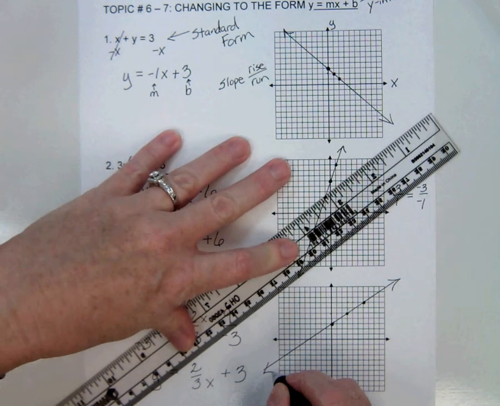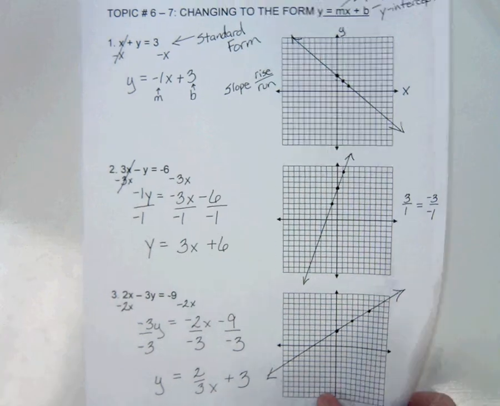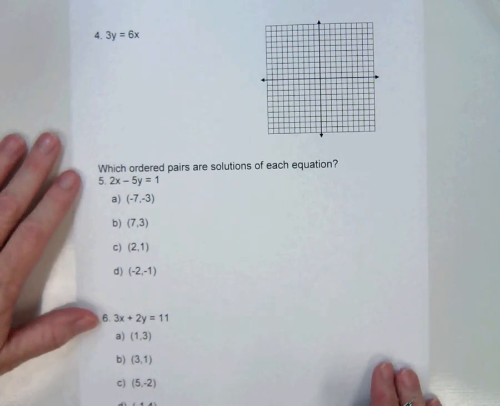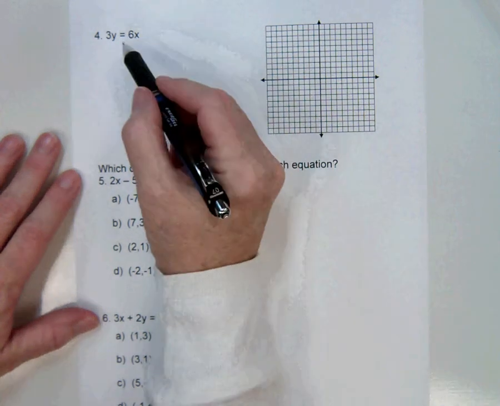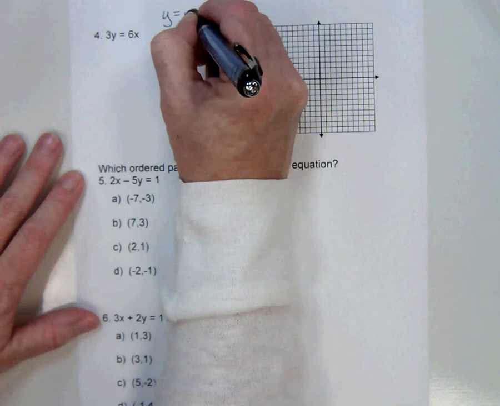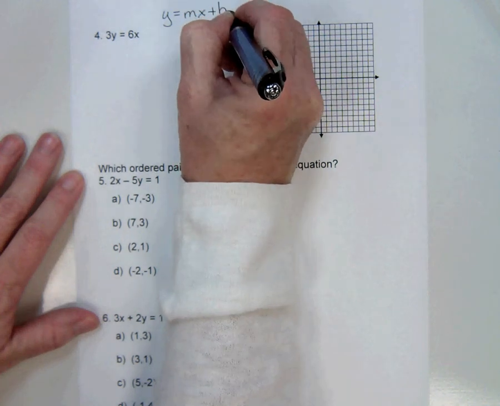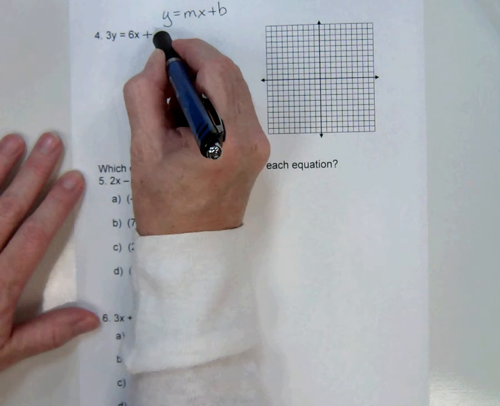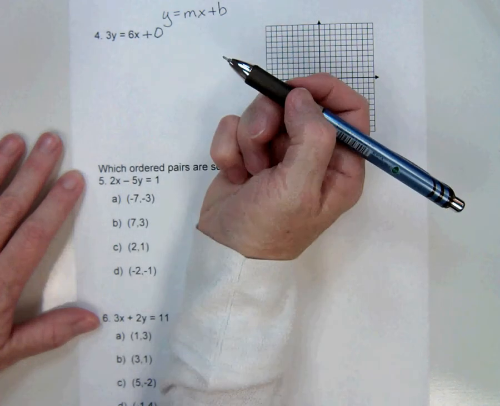A few more examples. Number 4. This one is similar to number 1. Let's put up here y equals mx plus b. If you look closely, this doesn't have a b, so we could even put it there if you wanted to.